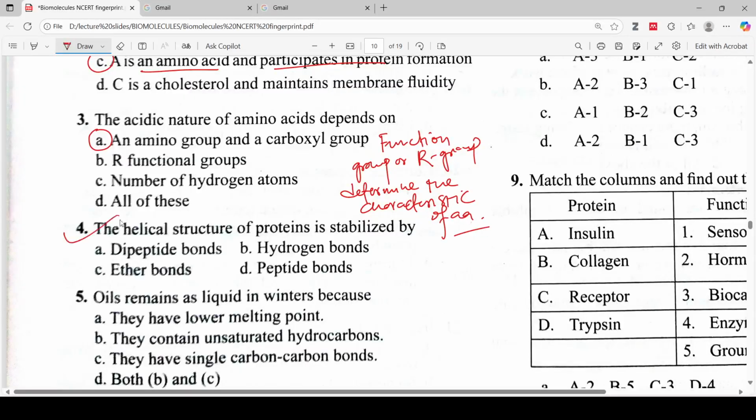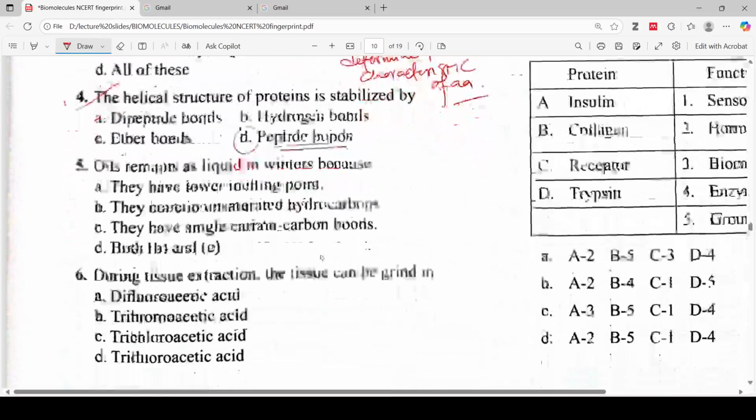The helical structure of protein is stabilized by hydrogen bonds, dipeptide bonds, ether bonds, and peptide bonds. So the correct answer for this question is option D, peptide bonds.